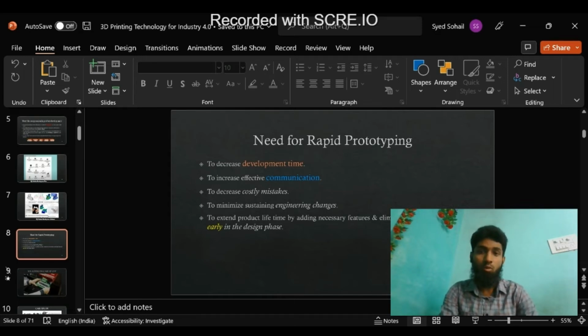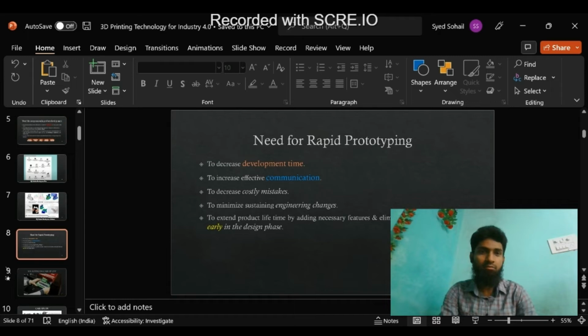So to avoid those mistakes, you have to have a good prototyping mechanism to minimize sustaining engineering changes, right?